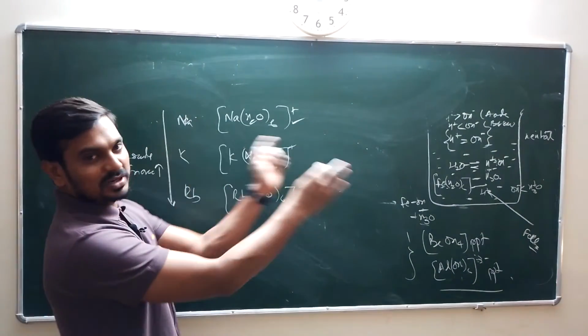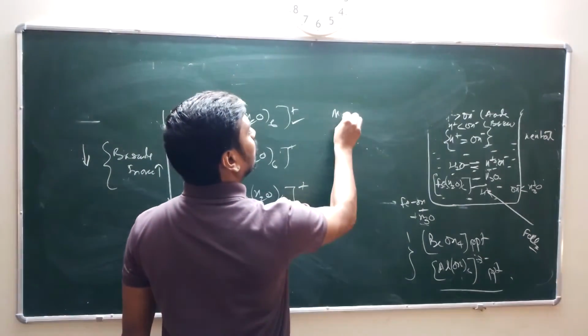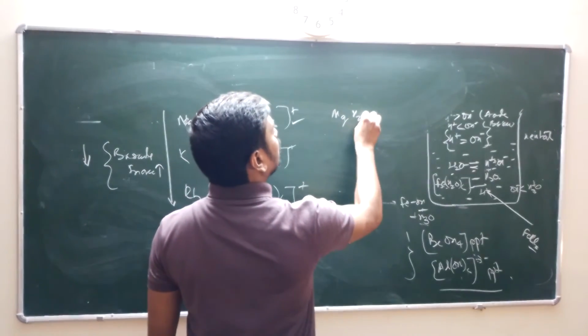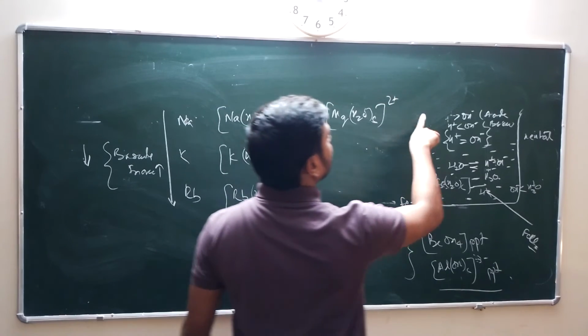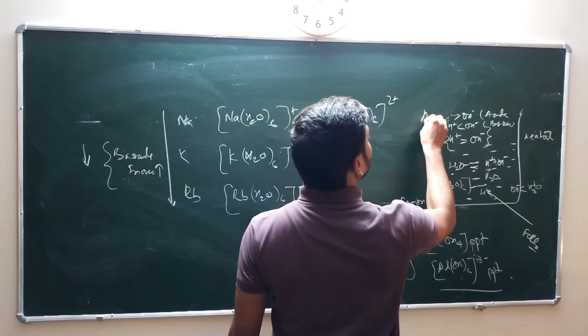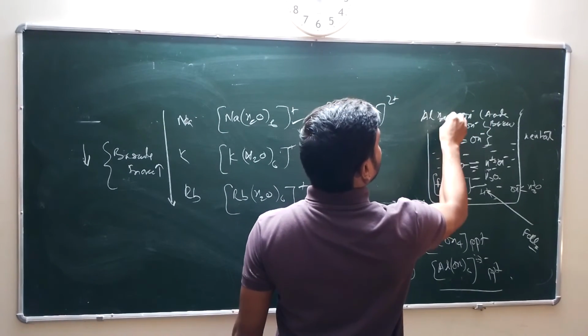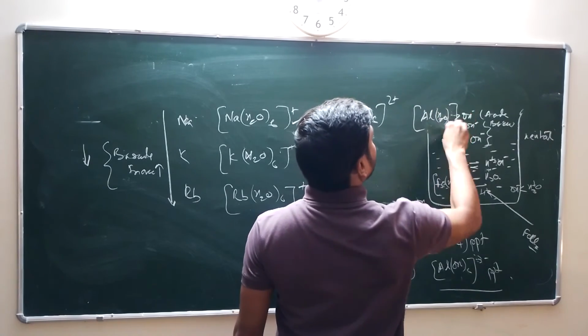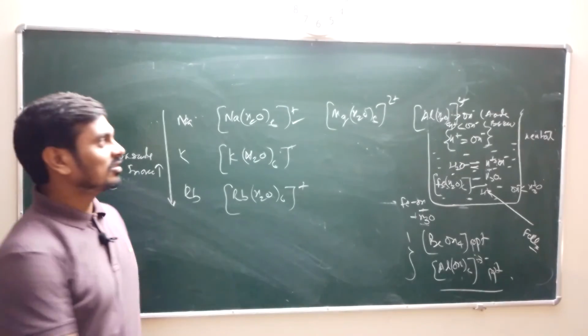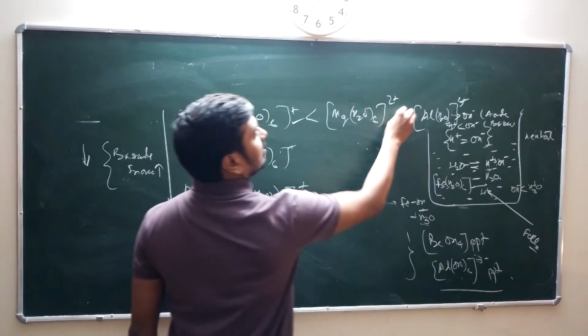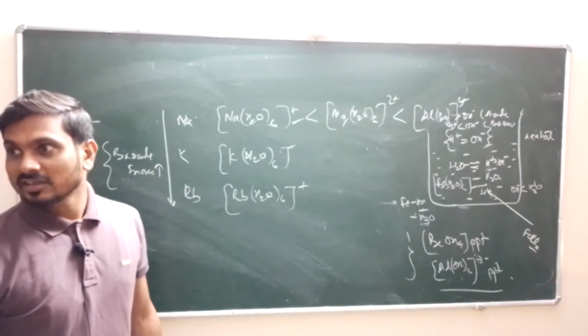Okay. And if I compare it with Mg(H2O)6 2 plus, and then in the p block, in the same row, what is the order of acidity? The order of acidity will be like this one.